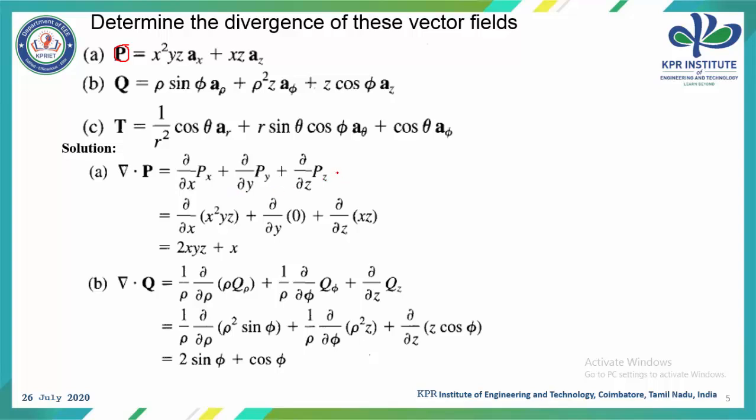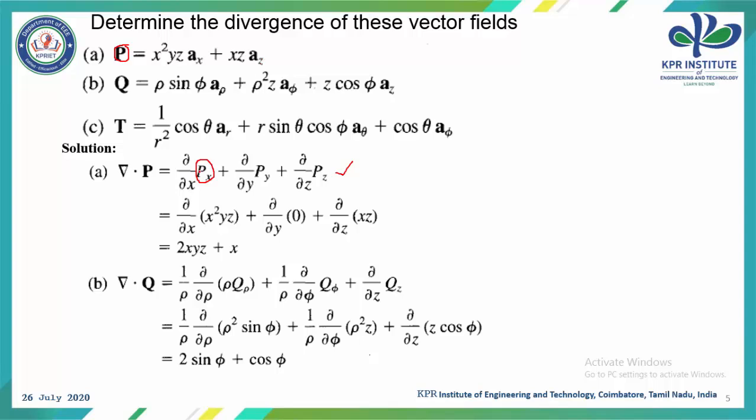Now this is the formula. What are the values of Px, Py and Pz? Just look at this: this is the vector P, so this is Px ax plus Py ay plus Pz az.